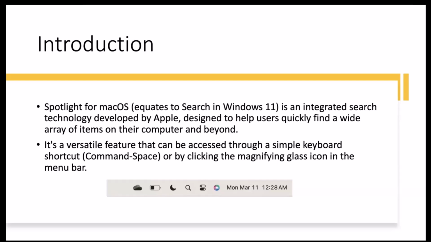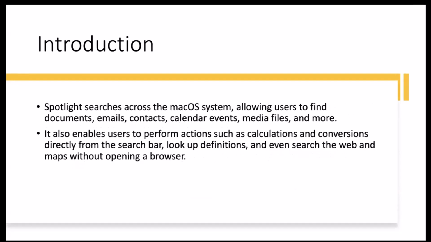It's an integrated search technology developed by Apple, designed to help users quickly find a wide array of items on their computer and beyond. It's a versatile feature that can be accessed through a simple keyboard shortcut, the Command plus Space key, or clicking the magnifying glass icon on the menu bar.